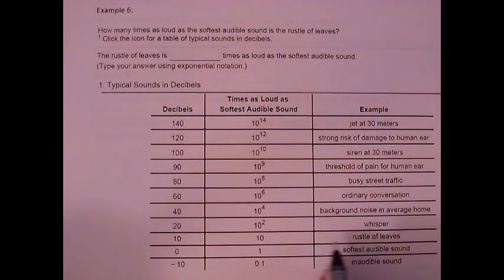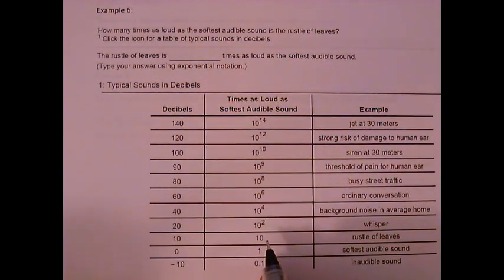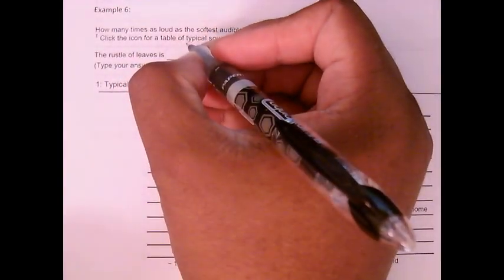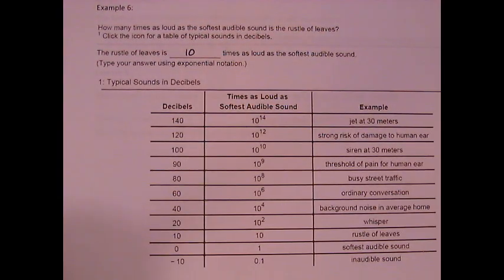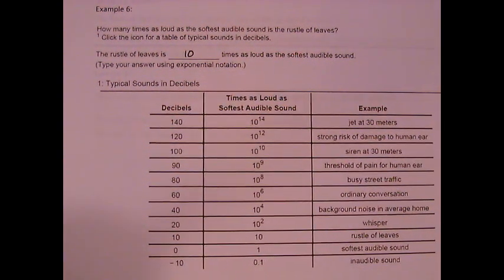So the rustle of leaves, if you look here, is going to be 10 times as loud as the softest audible sound. So we just answer that question by saying 10. 10 times as loud as the softest audible sound for the rustle of leaves.